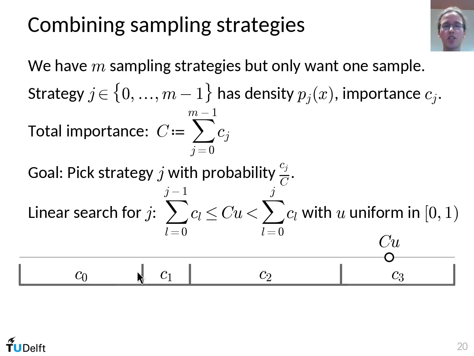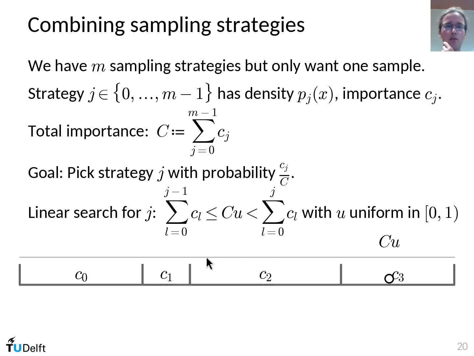And we have associated each of those with an interval that's exactly as long as the importance of this sampling strategy. And so since our value Cu is uniform up here on this interval, we can now simply select the technique that is below this value Cu. And then this is the technique that we will be using.